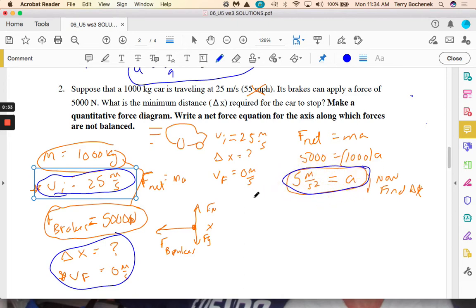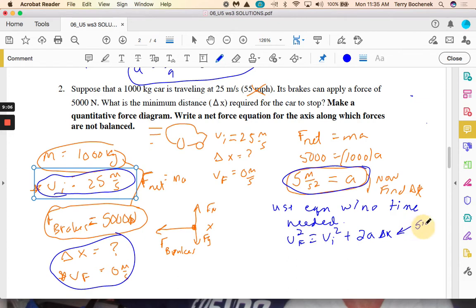Now, what equation can we work with? We don't have anything for time. So because there's no time given, we've got to use an equation with no time needed. There's really only one of them, and that's V final squared equals V initial squared plus 2 times the acceleration times the displacement. We're looking for the displacement.